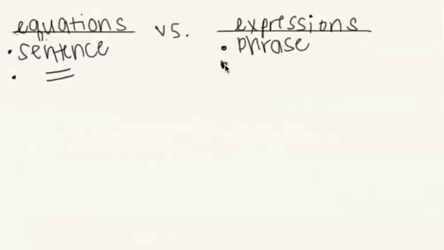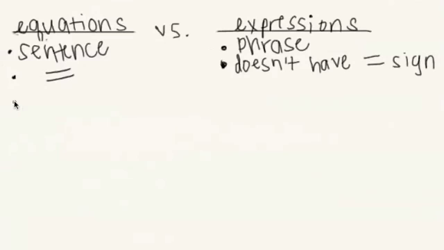An equation is a sentence, and we know it's an equation because it has an equal sign. Numerical expressions are kind of phrases or quick thoughts, and they do not have an equal sign. And that's the main difference between those two.